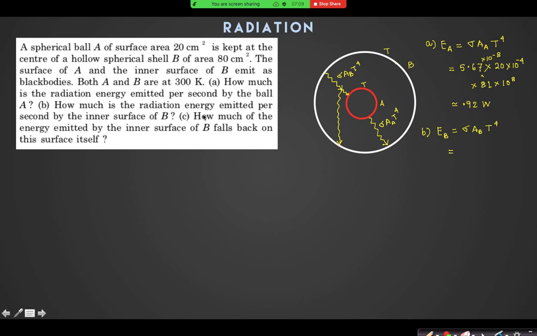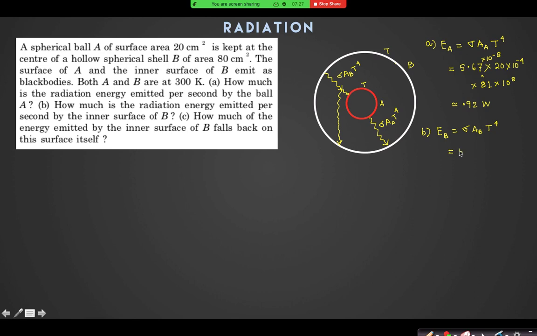If the question did not mention the inner surface, then you would have to multiply it with 2. Look how accurate the question is. It is mentioning the inner surface of B, so you have to only talk about the inner surface.